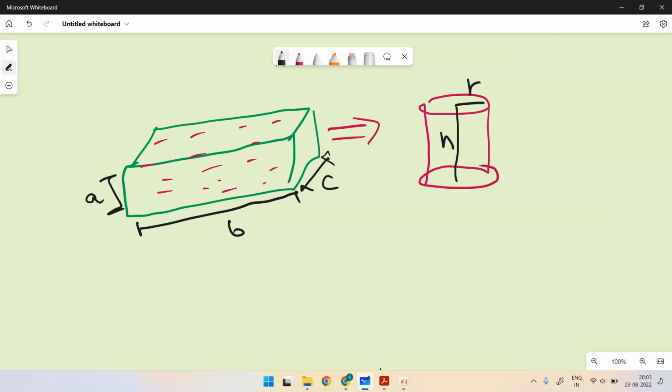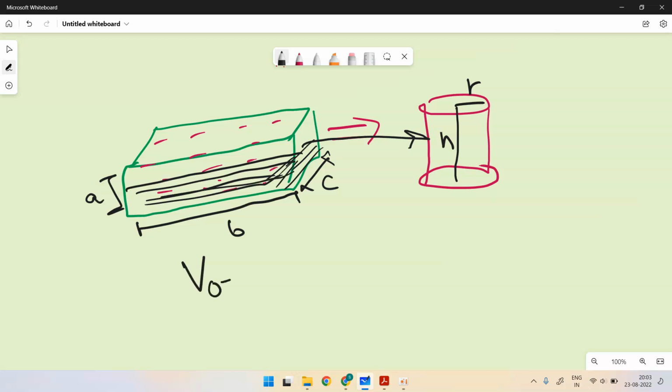Let's suppose the volume of water left in this tank will be equal to volume of underground tank minus volume of cylinder. Why volume of cylinder?